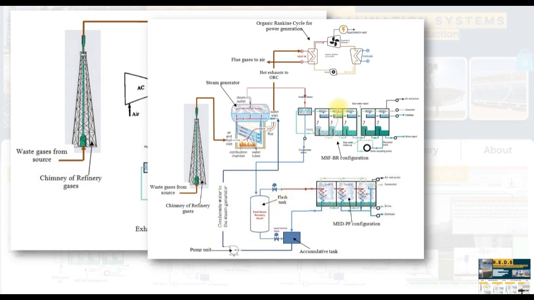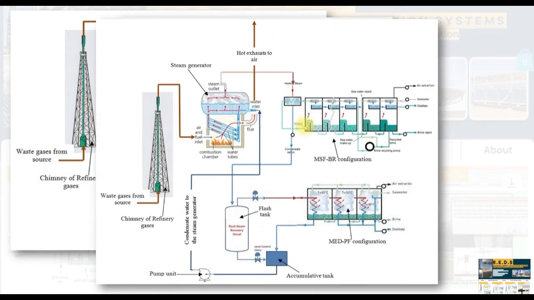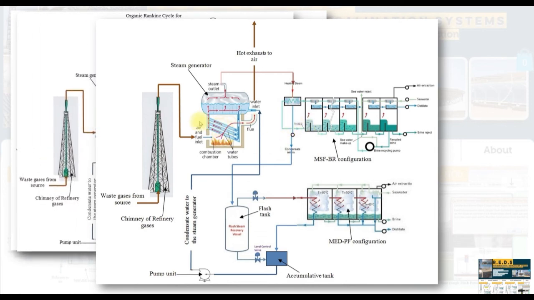This is the main concept as a connection between hybrid MSF and MED. The condensate stream is going to be accumulated in the accumulative tank and repumped again to the steam generator and so on. And this is the first configuration, the simple one. We are going to demonstrate this one. We are not going to use the organic Rankine cycle for power generation.